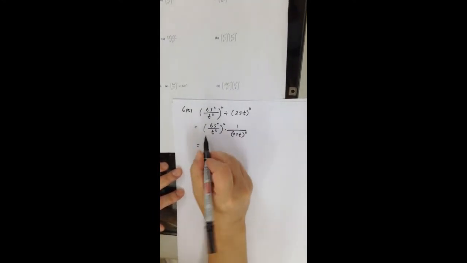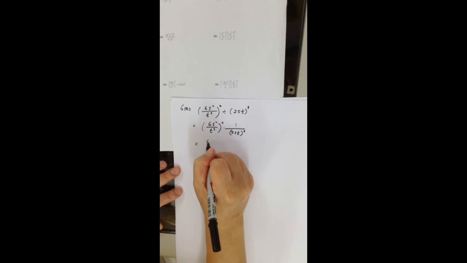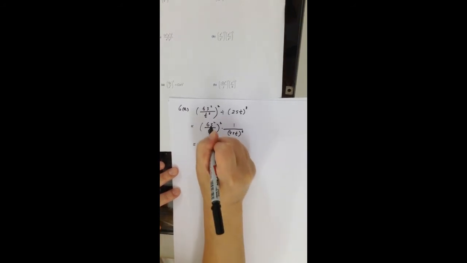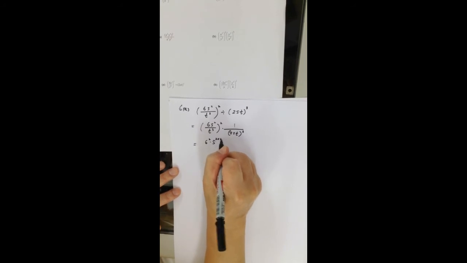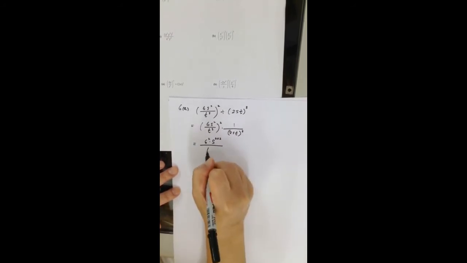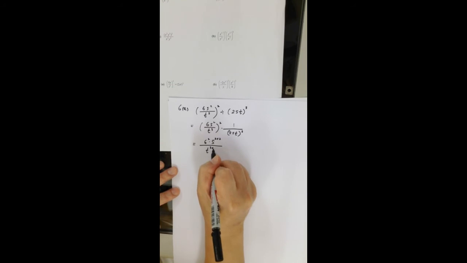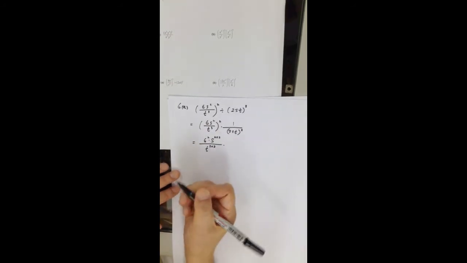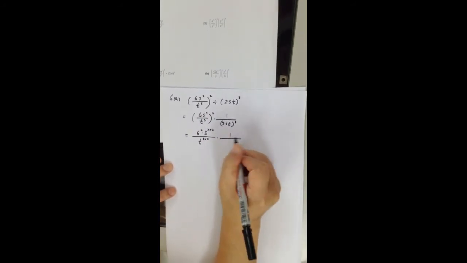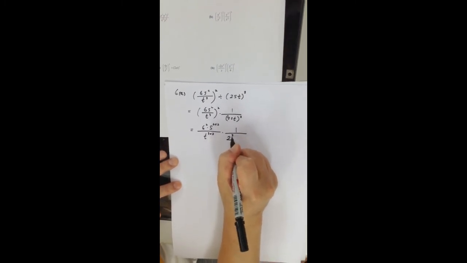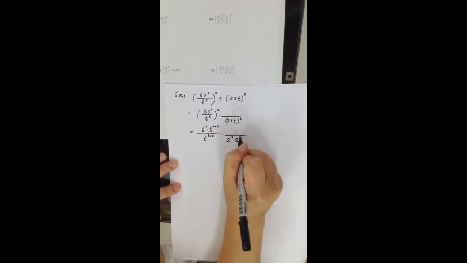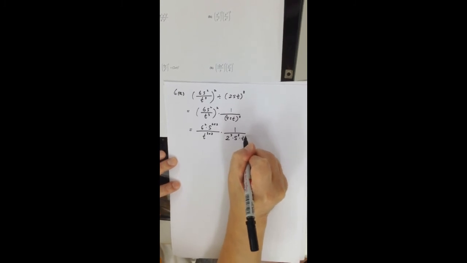6 to the power 7, 6 squared. s squared, s squared. 2 times 2. For the letter t, t to the power 3 times 2. For the second small bracket, it is 2 to the power 3, s to the power 3, and t to the power 3.